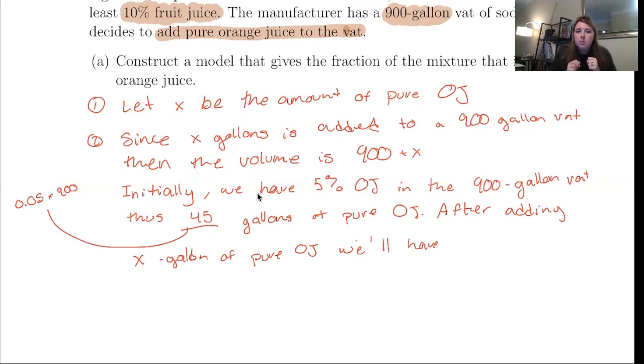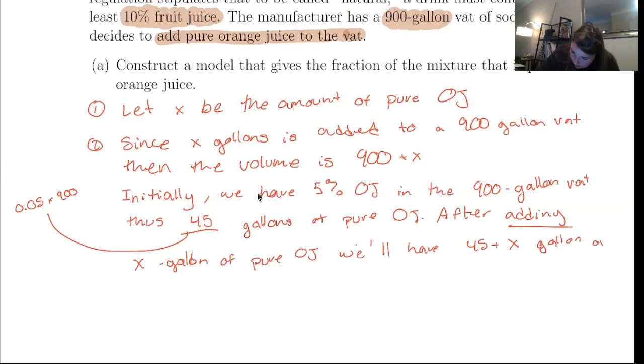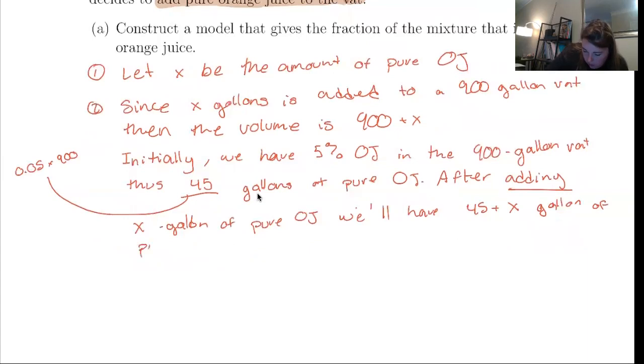Need some communication. So yes, plus X, right? I'm still adding the gallons to it. We even said after adding X amount of gallons, we'll have 45 plus X gallons of pure OJ.